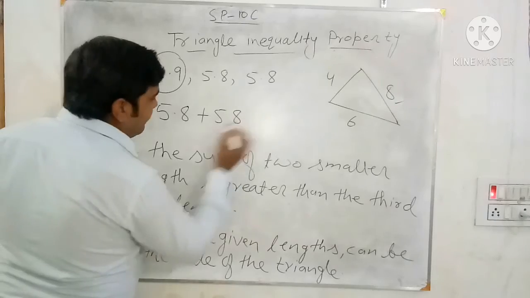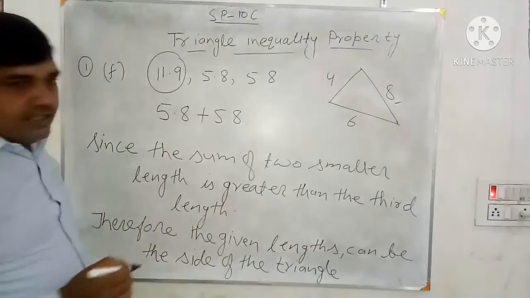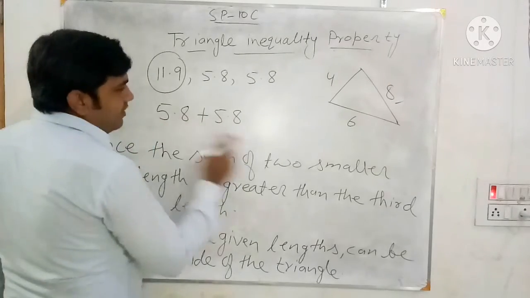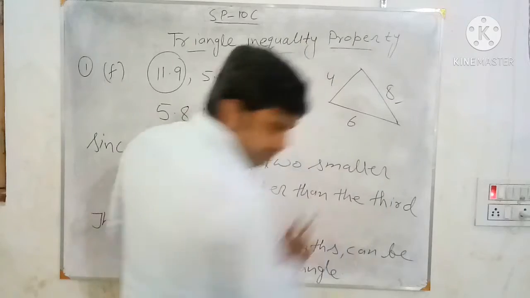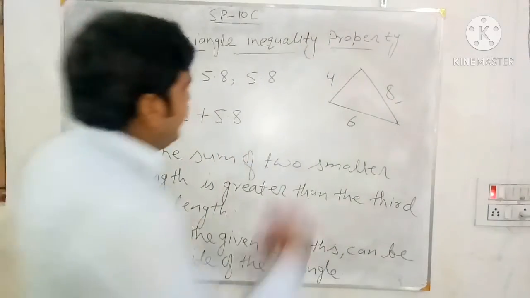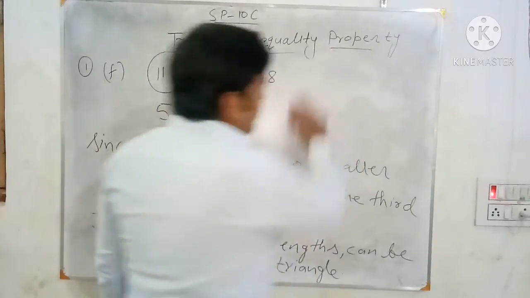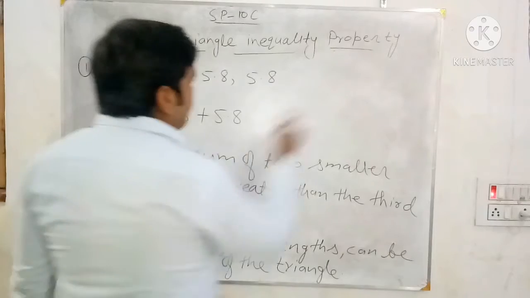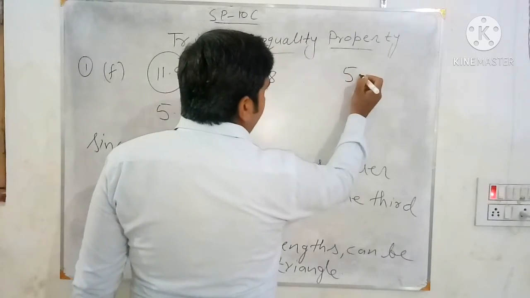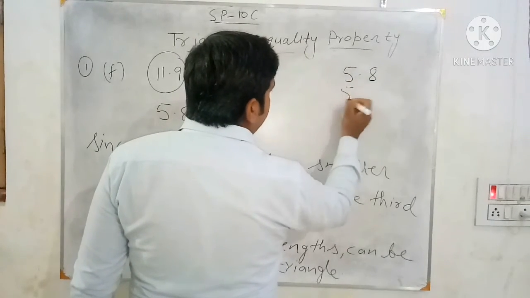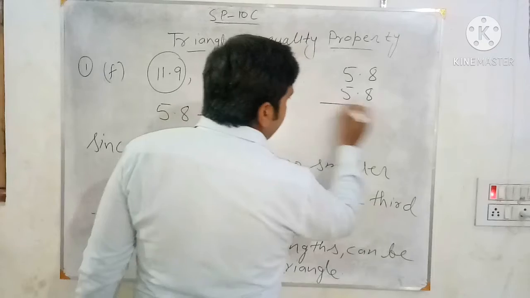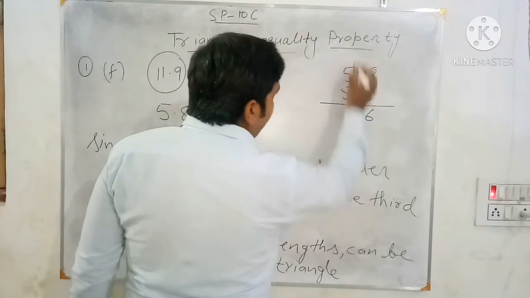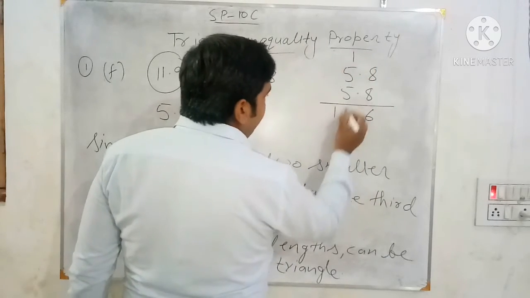So first we add 5.8 plus 5.8. What do you get when you add them? See how we do the addition of decimal numbers. 8 plus 8 is 16, 1 carry, 5 and 6 are 11.